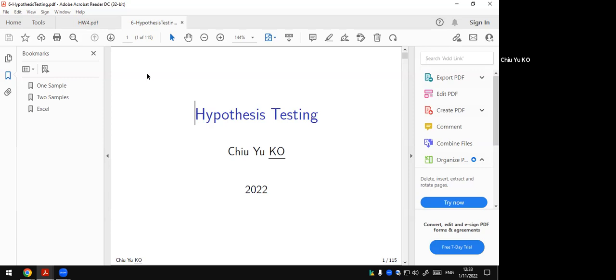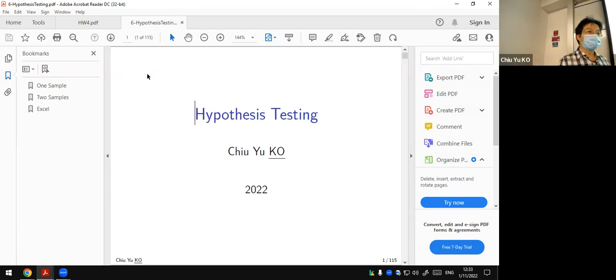This topic we'll finish next week, and then we will have ANOVA, and ANOVA will be quick, 1 or 2 weeks, and then the rest will be regression. The reason we can go fast for the subsequent topics is that everything is based on what we have learned.